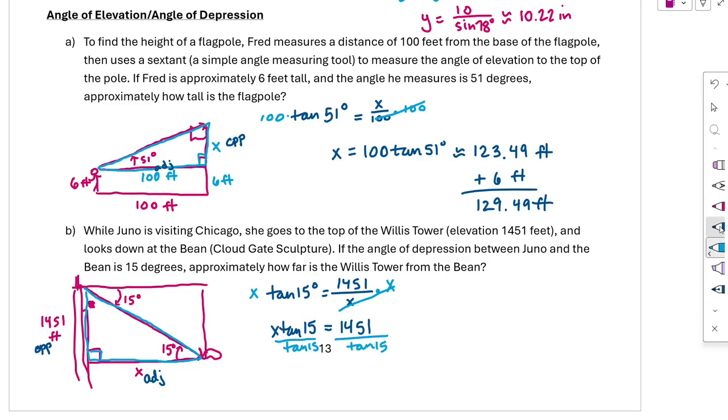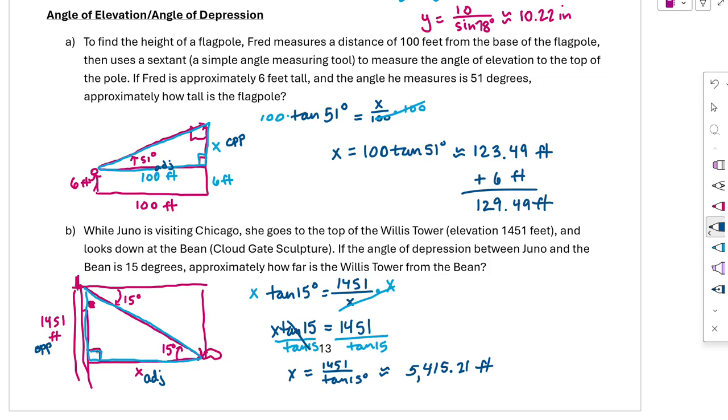So x is equal to 1,451 divided by tan 15 degrees. And when I type that into my calculator, I got 5,415.21 feet.